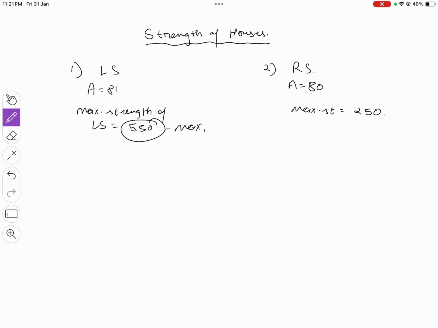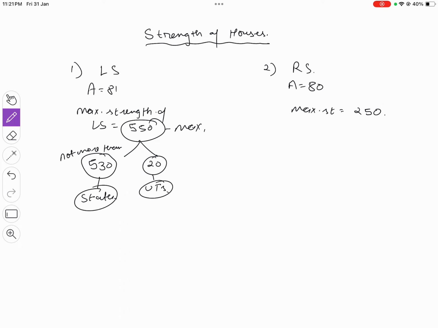Further breaking down this number 550: not more than 530 from states, and 20 from UTs. That is the further breaking down of the 550 number.